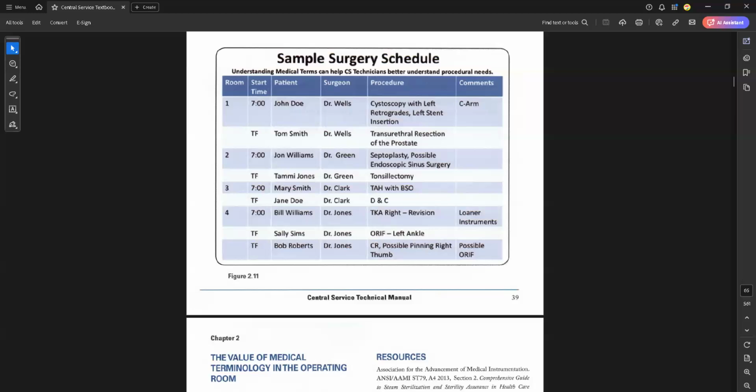TKA, ORIF. So all these things help you to understand. For example, myself, when I'm working in the SPD, once I see TAH with BSO, I know that, okay, all GYN trays must be ready. That's what it means. All right, thank you.